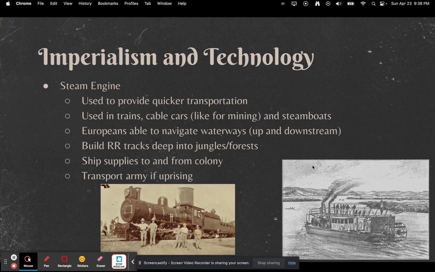This way, steam engines could go against the river's currents. They also built railroad tracks deep into jungles and forests, especially in places like India and Africa, and to ship supplies to and from colonies. And if there were any uprisings, it could easily transport the armies.